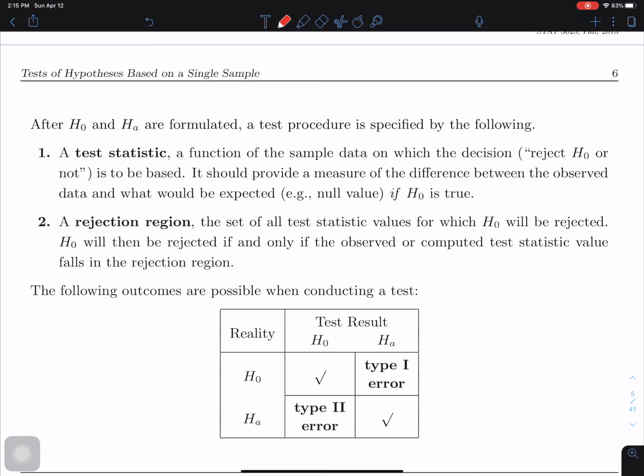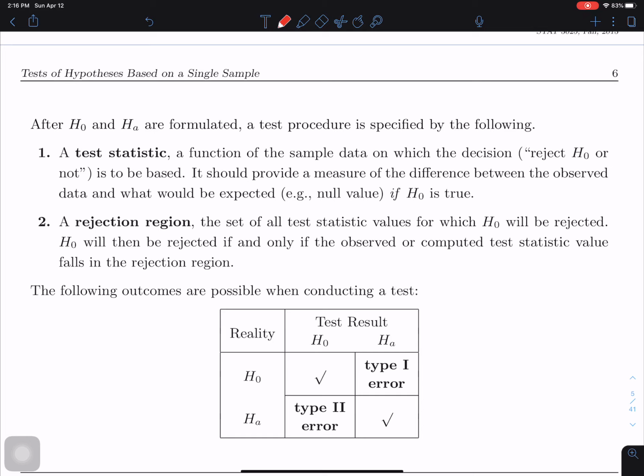After we formulate H0 and HA, a test procedure is specified by the following. First, we need to find a test statistic. A test statistic is a function of the sample data on which the decision is to be based, and it should provide a measure of the difference between the observed data and what would be expected.